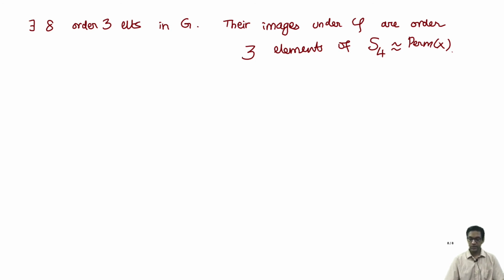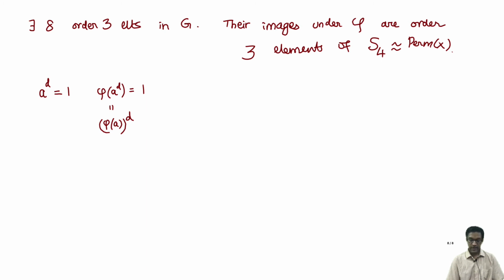And why is this? Because if I have an element A whose order is D in general, A power D is identity, and I apply a group homomorphism, this tells me that phi of A power D is also identity, but this is phi A whole power D, okay. Now what that means is that the order of phi A divides D in general.